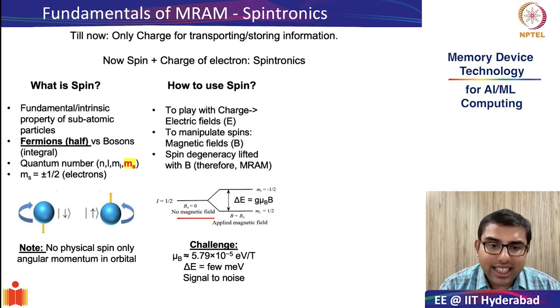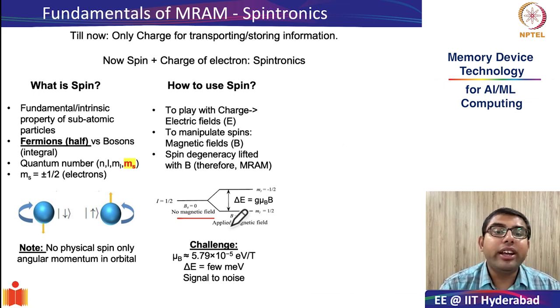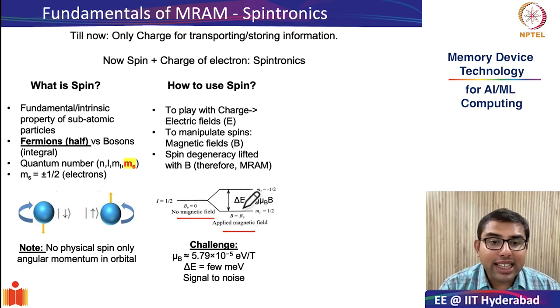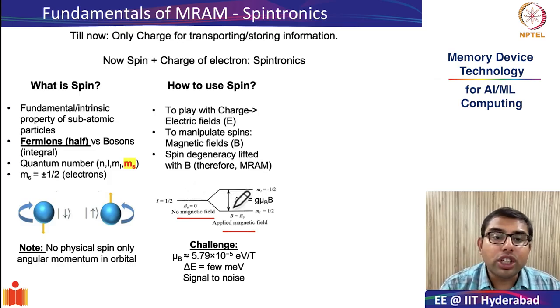However, this degeneracy is lifted or broken when you subject the material to an external or applied magnetic field. And as you can see, the two states which were earlier degenerate become non-degenerate. That means there is a splitting in the energy level.